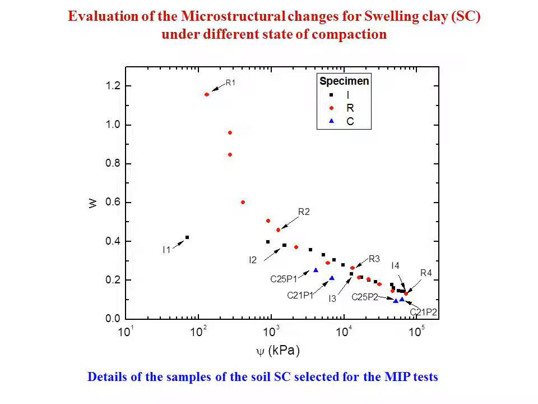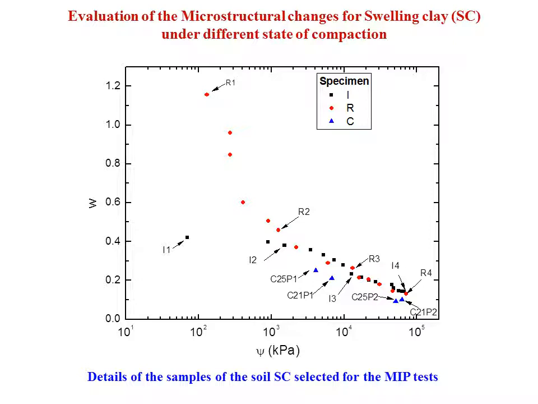What we can also observe is that the suction for compacted samples at a particular water content is lower than the suction for reconstituted and intact samples. We'll try to understand why this occurs from the understanding of the pore size distribution of the samples from these three different states.